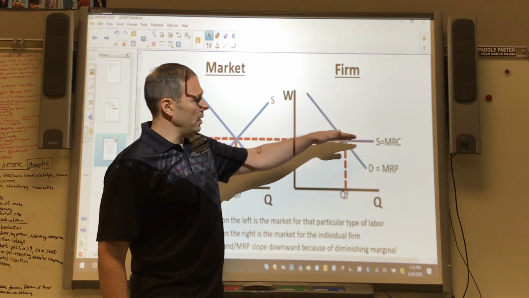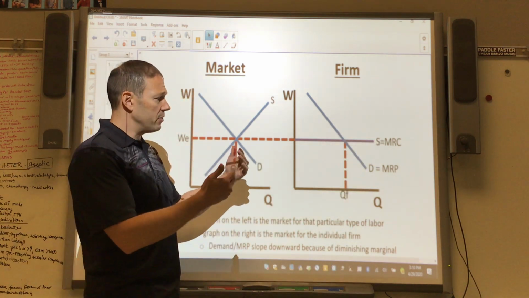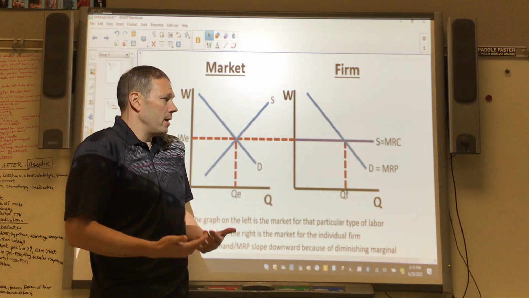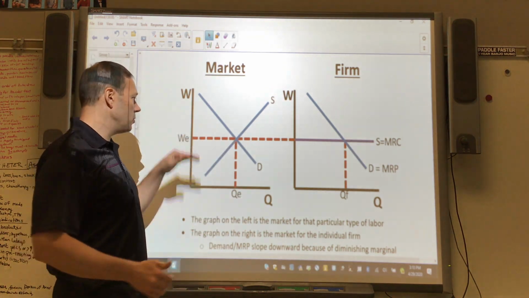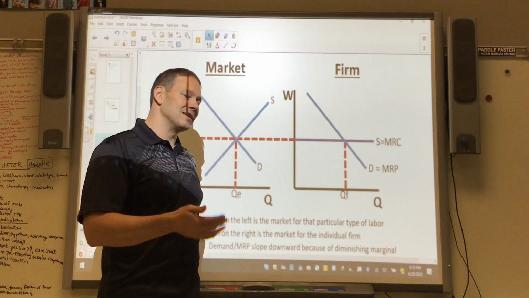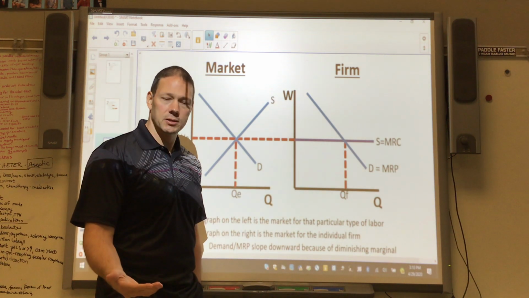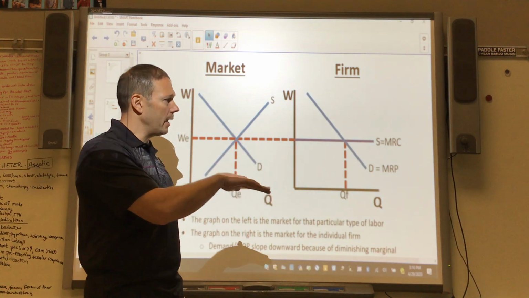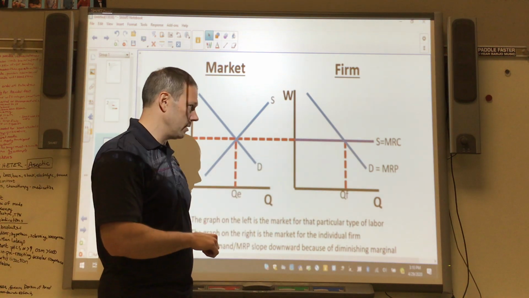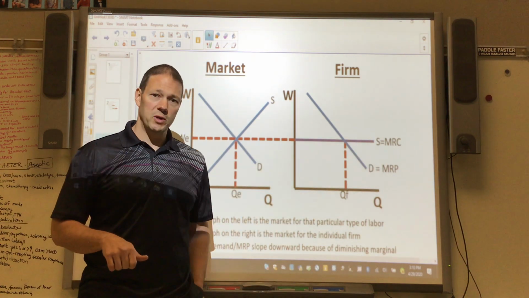But for the firm, it's horizontal or perfectly elastic. And the reason is the firm essentially can hire, as if the going wage rate is WE, or let's say $20 or something like that, the firm can hire as many units of labor as they want at the same price. And so the supply is essentially elastic, and then that also equals the MRC, which is marginal resource cost.